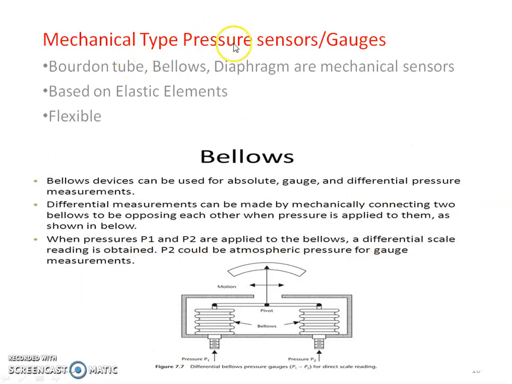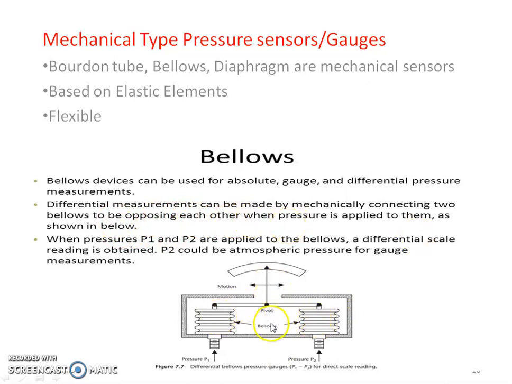Now, mechanical type pressure sensors or gauges. Three mechanical type pressure sensors you have to learn: Bourdon tube, bellows, and diaphragm are the mechanical sensors. They have elastic property and are flexible. Bellows devices can be used for absolute, gauge and differential pressure measurements. Differential pressure measurements can be made by mechanically connecting two bellows to oppose each other when pressure is applied to them.